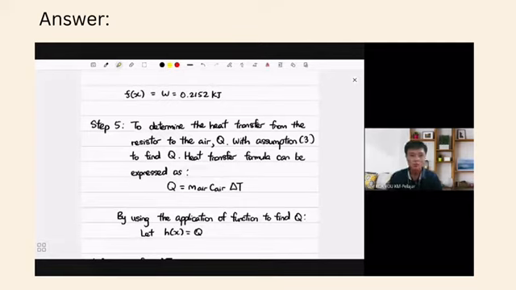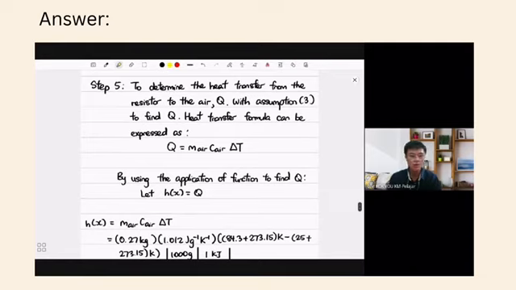The heat transfer formula can be expressed as Q equals the mass of the air times C air, which is the specific heat capacity of the air, multiplied by the change in temperature. So by using the application of function, we are able to find Q.